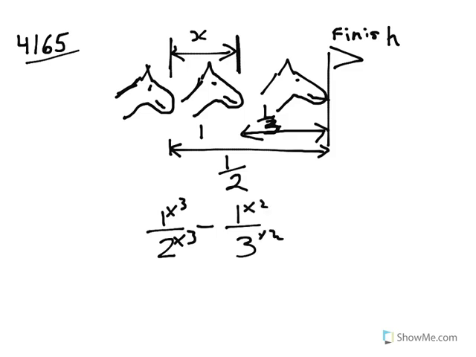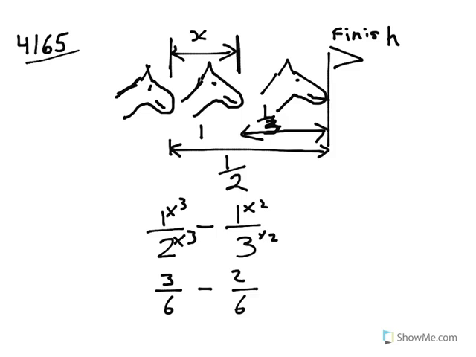Because then we get the equivalent fraction of 6 on both sides. So 1 times 3 is 3, 2 times 3 is 6. So a half is the same as the equivalent fraction 3/6. Minus a third, 1 times 2 is 2, and 3 times 2 is 6, 2/6.